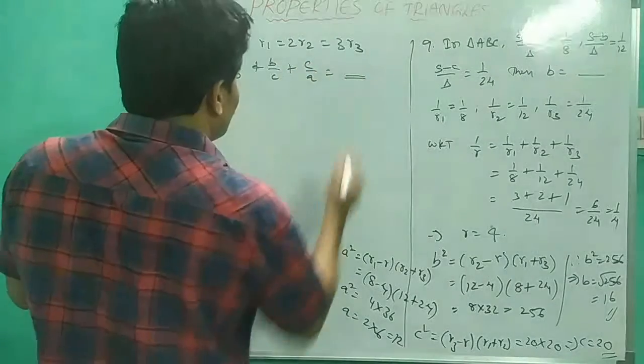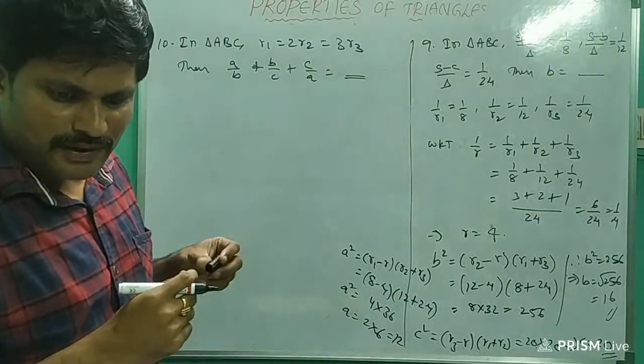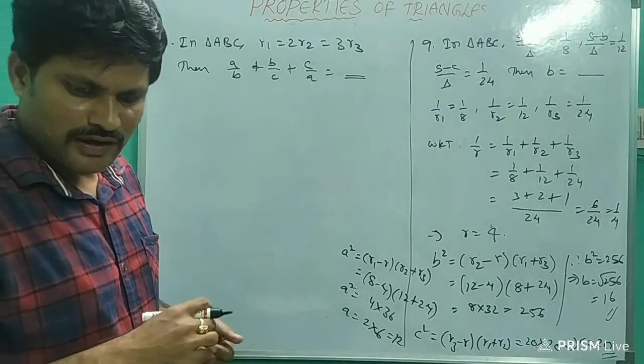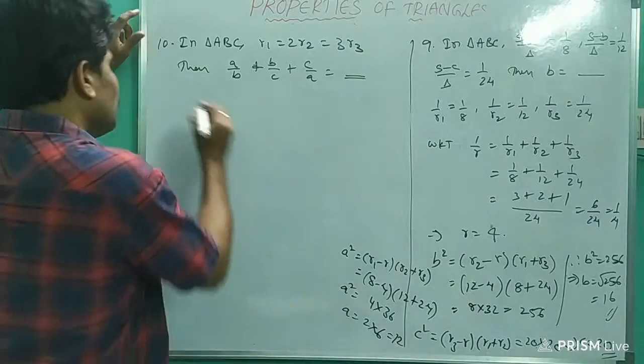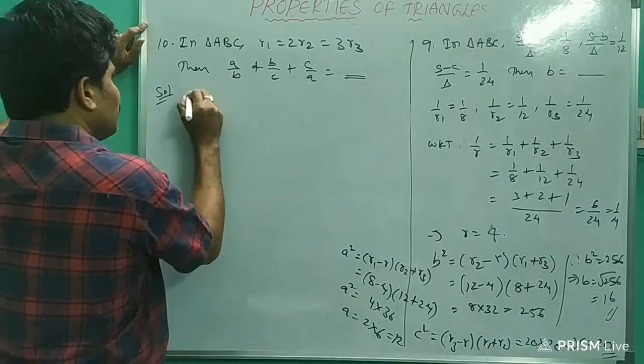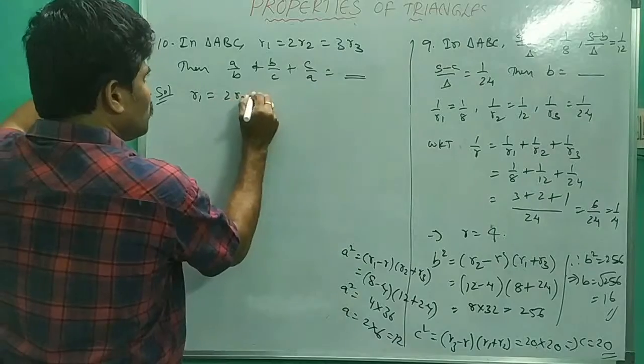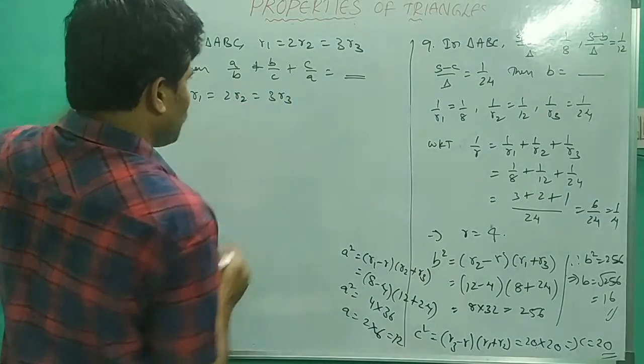Here we have to find the value of a by b plus b by c plus c by a. So clearly we have to observe that the given condition is R1 equal to 2R2 equal to 3R3.